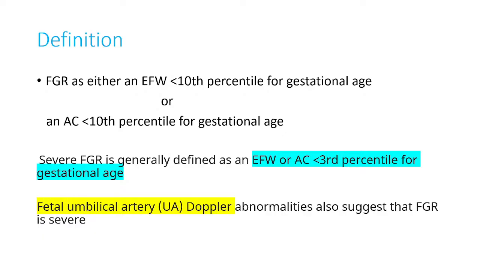As you know, the soft tissue of the body is very sensitive to the growth pattern. That is why abdominal circumference is the only parameter we measure which is mostly soft tissue related, that means liver. Liver size usually increases or decreases depending upon fetal nutrition or fetal blood supply.